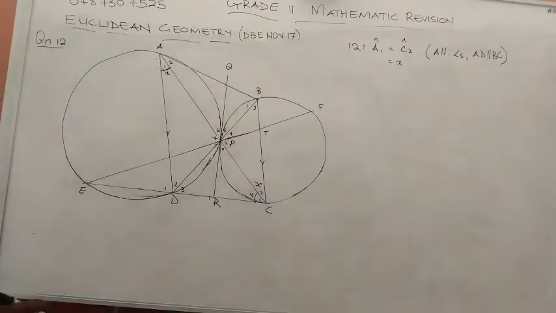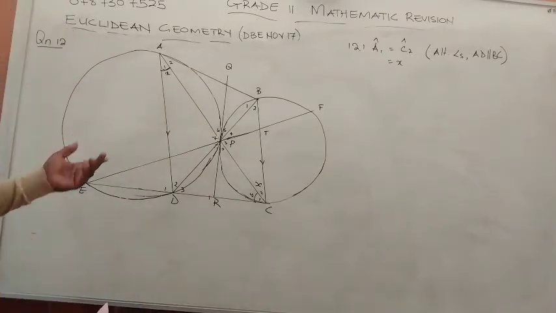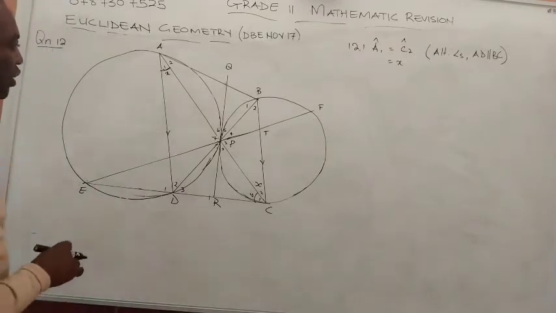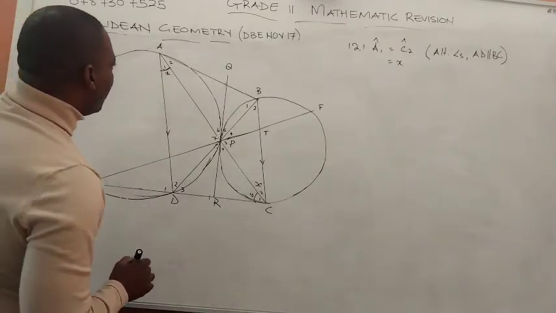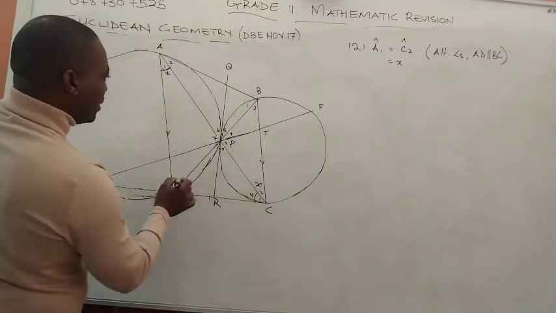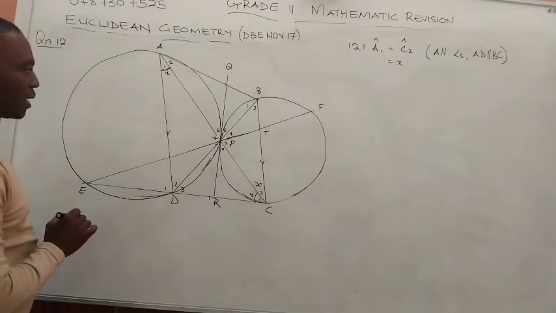Now we know that if we have a tangent, we also check if this angle has any connection with the tangent. So we can see that the chord DP is the one that is subtending angle A1.